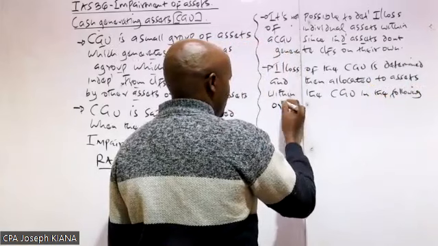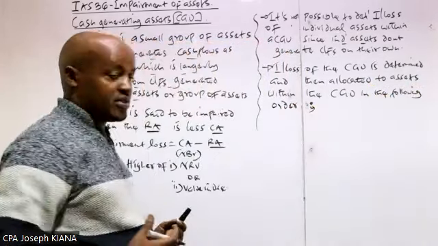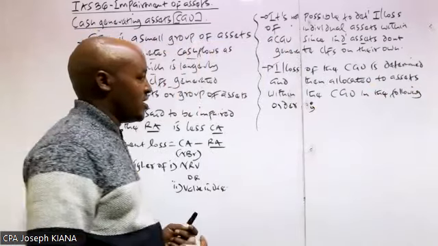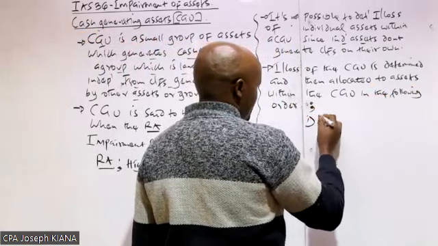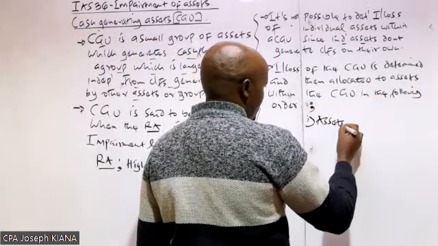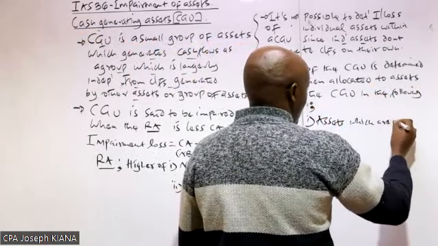order. This is the order which we follow to allocate the impairment loss to the assets within the CGU. Number one, impairment loss will be allocated to assets which are obviously impaired.